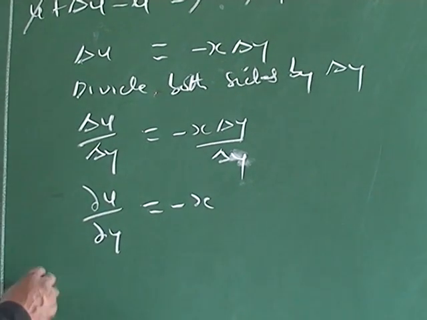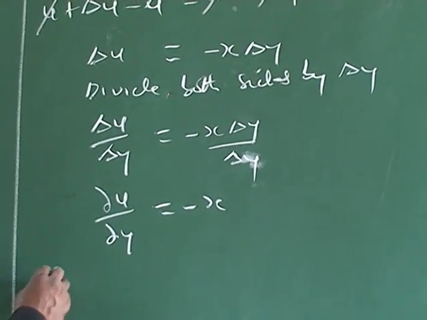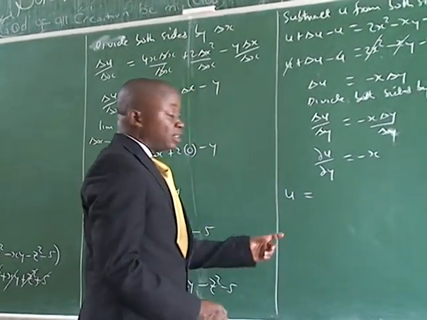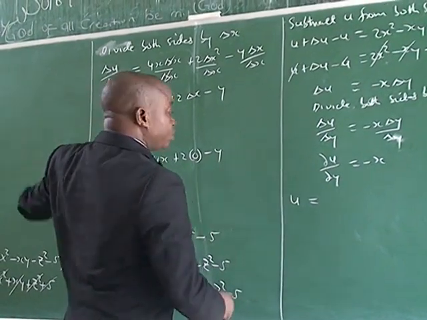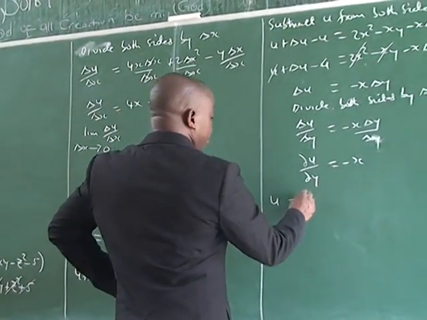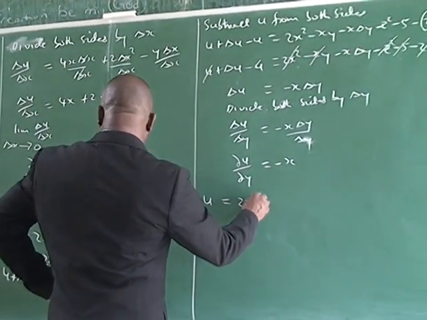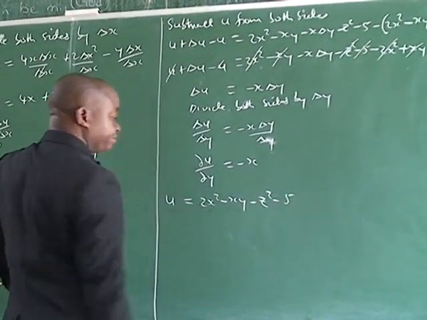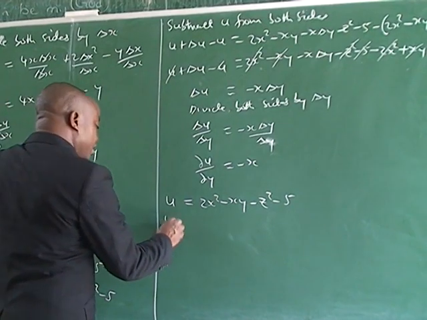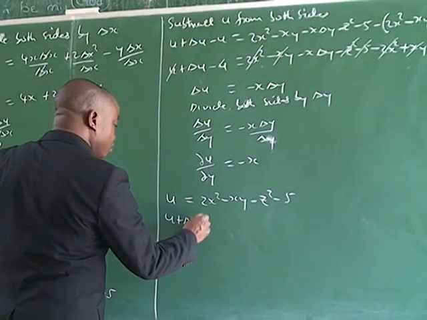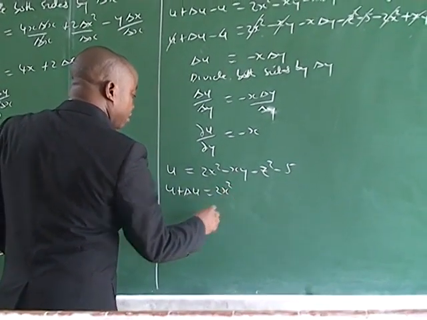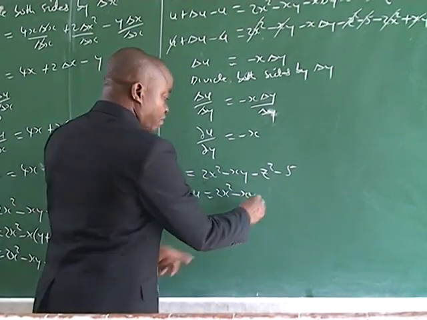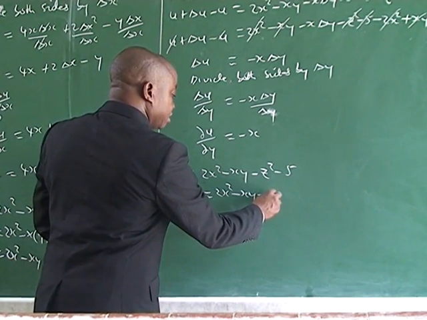Now the same definition also applies if we want to find for z, that is partial u, partial z. U is x squared minus xy minus z squared minus 5. Increment occurs in u, but not in x, not even in y, but in z.